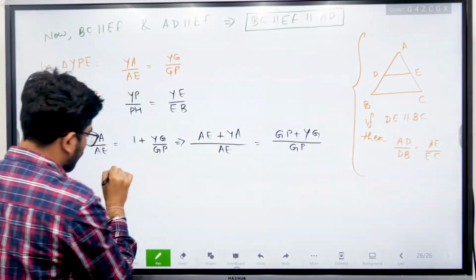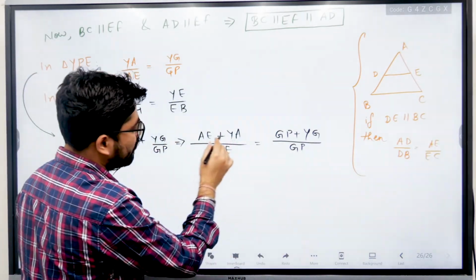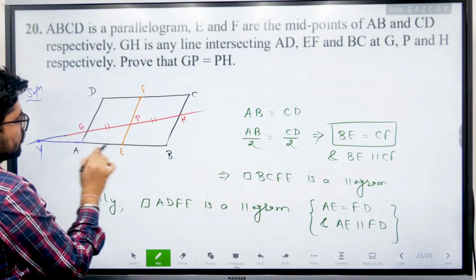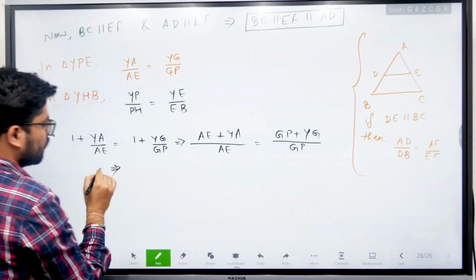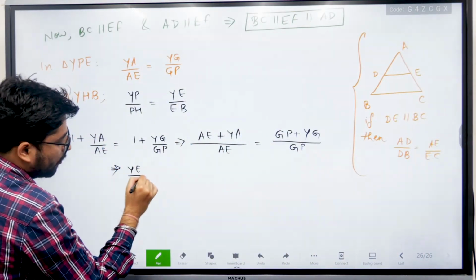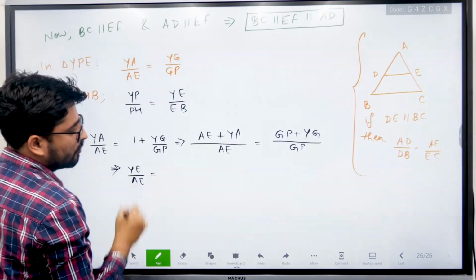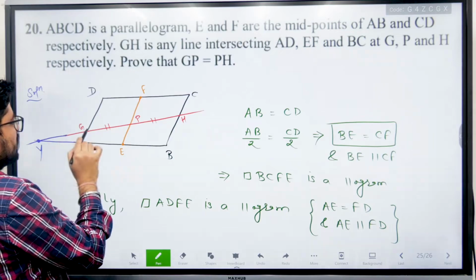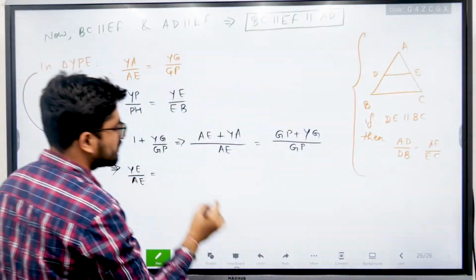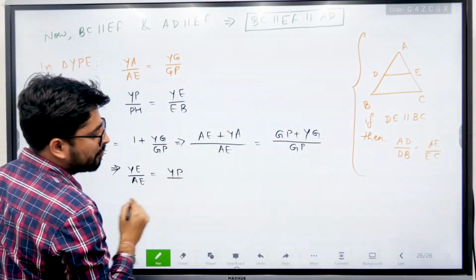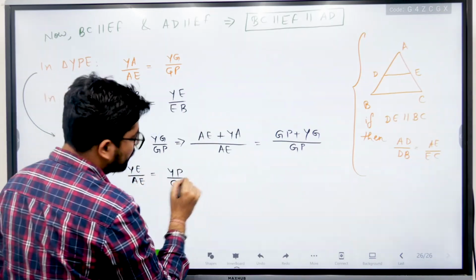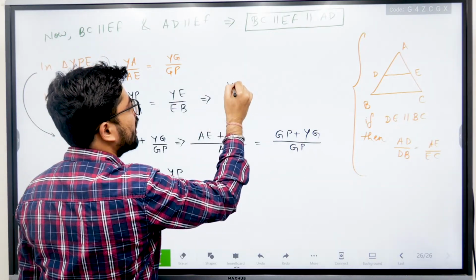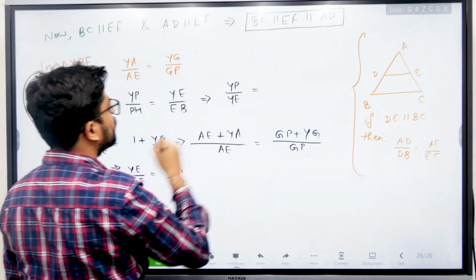Now YA plus AE is YE, so YE upon AE is equal to GP plus YG, that is YP, upon GP.